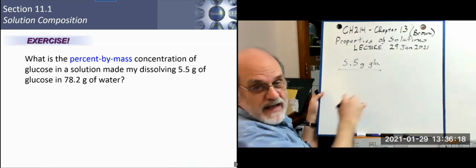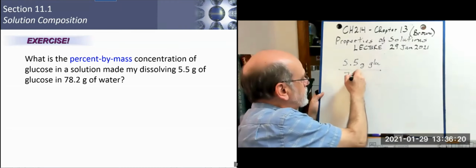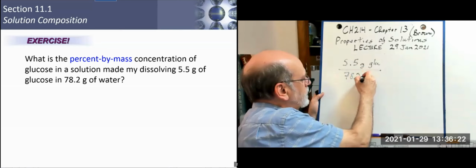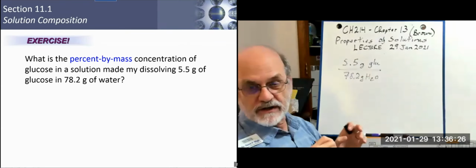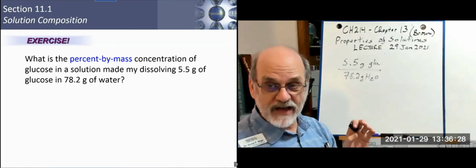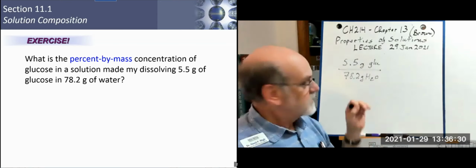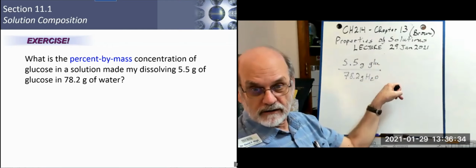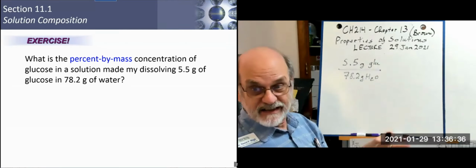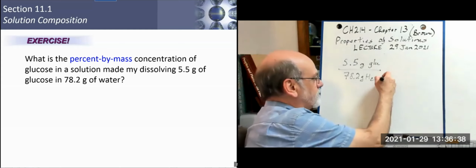And 78.2 grams of water. But we're not done yet, right? Definition of mass percent is mass of the solute per mass of the solution. And what's still in the solution down here?